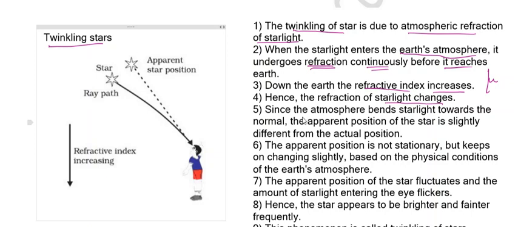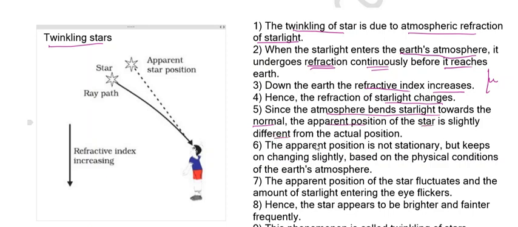Do you understand? As the starlight descends, the refractive indices are changing, so the refraction of starlight is also changing. Refraction is nothing but the bending of light when it passes through different media, that is the path deviation. So the starlight bends towards the normal. When it bends towards the normal, the apparent position of the star is slightly different.